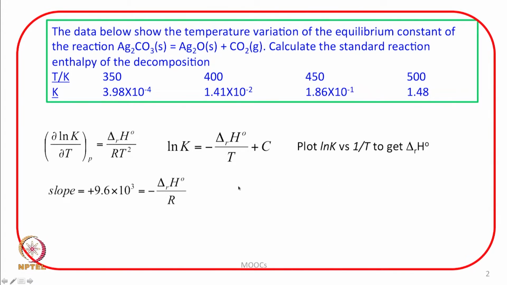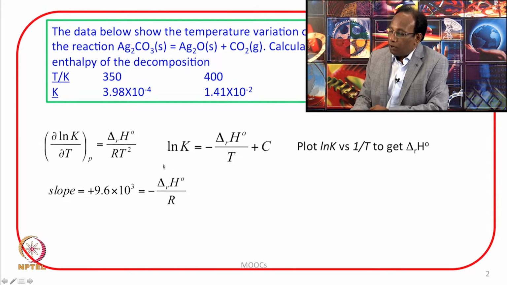As I just discussed, if I plot log k versus 1 by T, there has to be R over here. So, the slope is going to be minus delta H naught by R. Please note down, there is R here in the denominator.